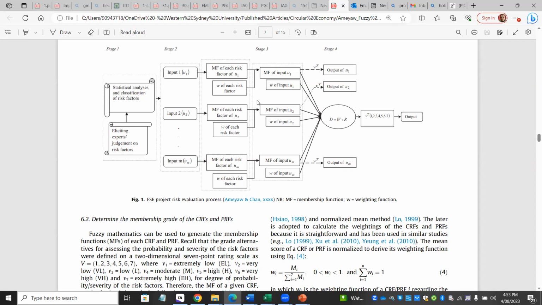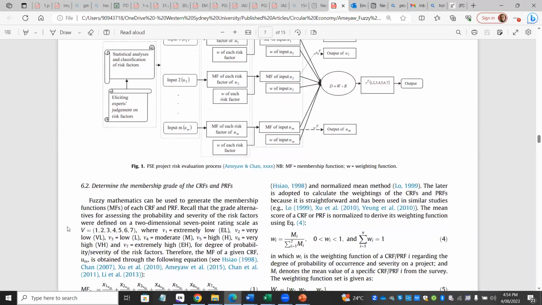Then stage three, we will go into the calculation of the fuzzy synthetic matrix. From there, we will also compute the criticality level indexes. And then finally, we get all the outputs, then we present them.